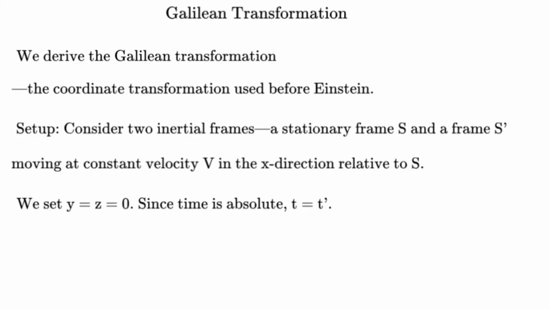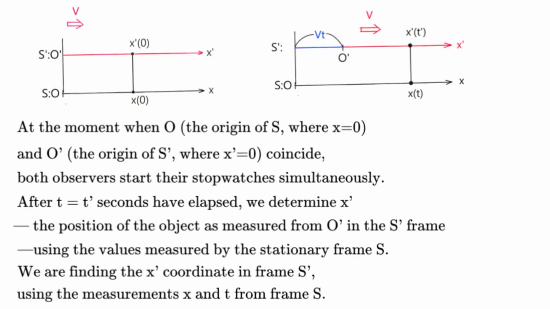Since time is absolute, t equals t prime. At the moment when O, the origin of S, where x equals 0, and O prime, the origin of S prime, where x prime equals 0, coincide, both observers start their stopwatches simultaneously.